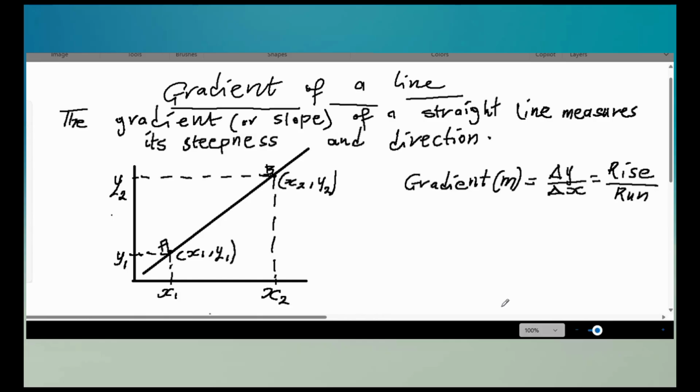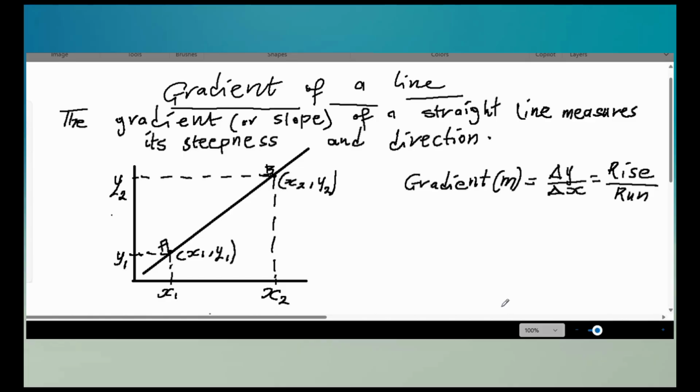But to find the change in y, it simply means that we're going to find the distance between y1 and y2. Being at y1 and y2, what distance are you going to get between those 2 points?